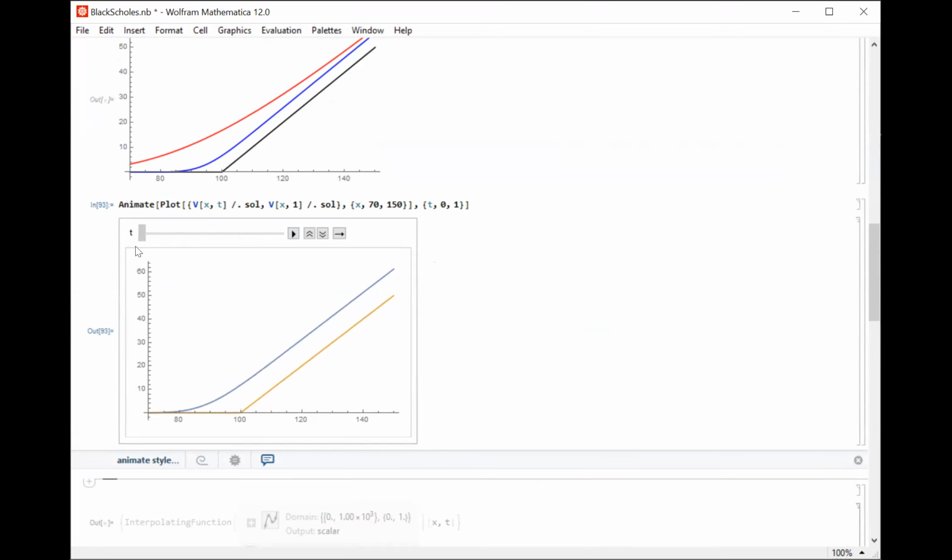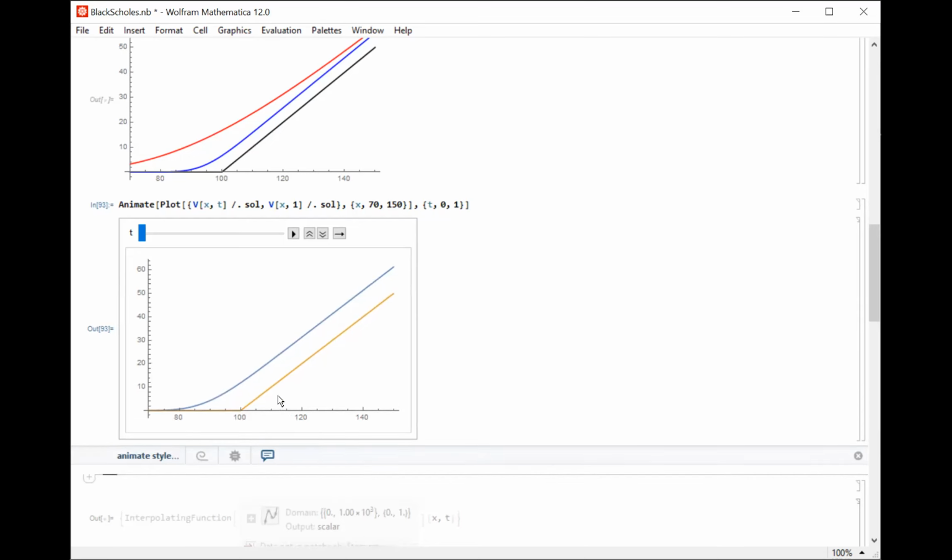And this is what it looks like at 1 year before the expiration. This is what the price curve looks like. This is the value of the stock option given a particular stock value at that time. So this is the option value as a function of the stock price. So you see it kind of shifts up.